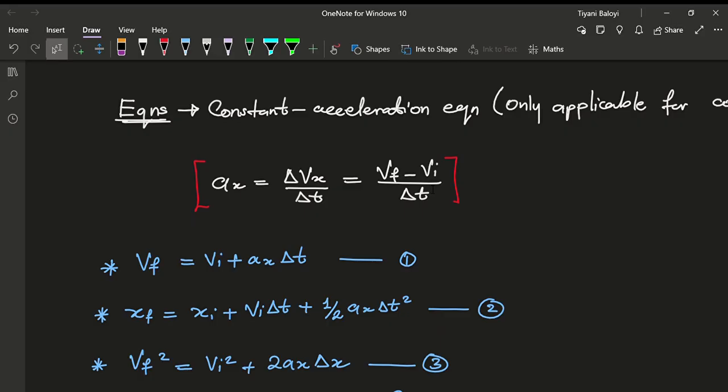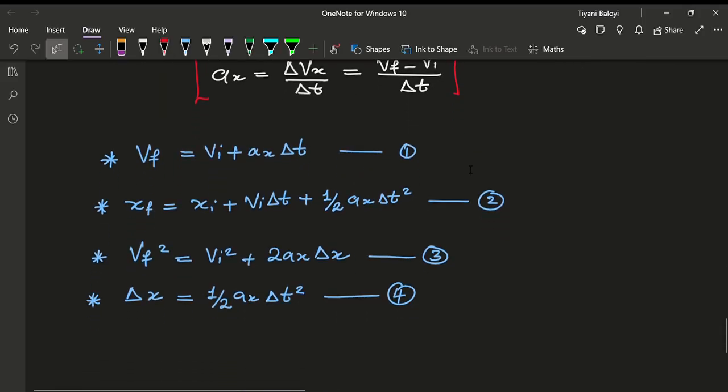You can manipulate that by exchanging Vx with changing x, which is displacement, or maybe changing a lot of things there, to get your equations of motion, which are equation 1, 2, and 3, right?